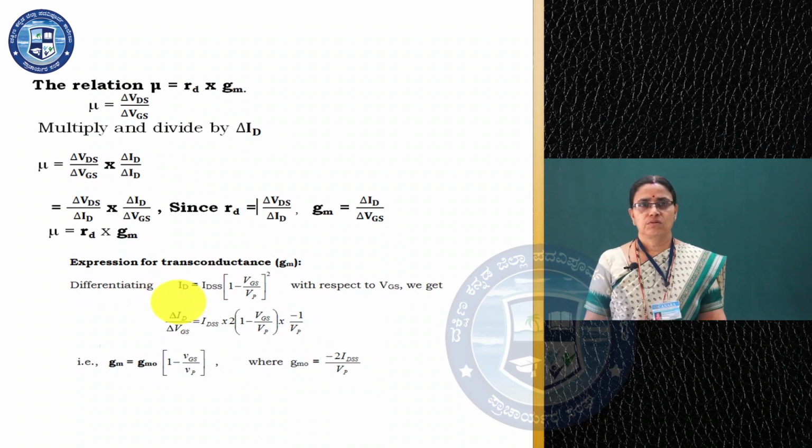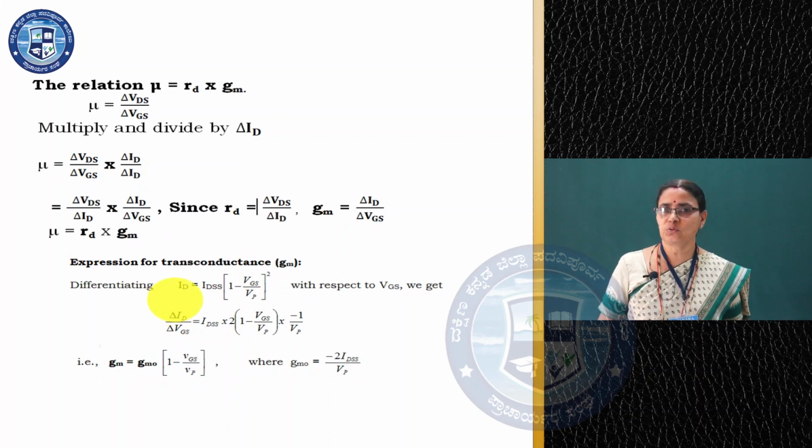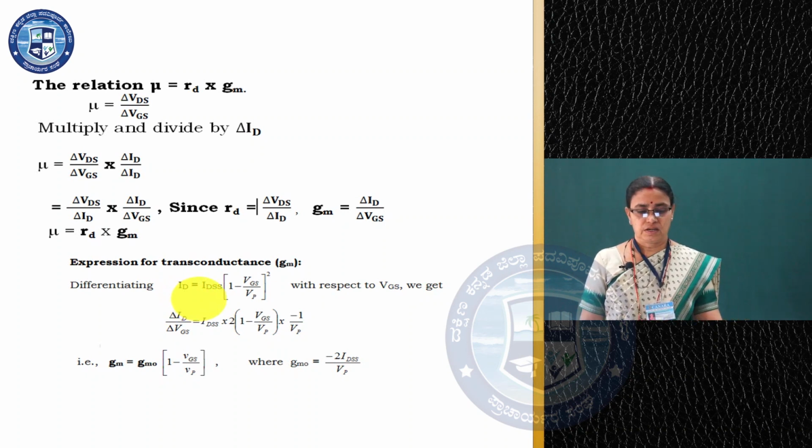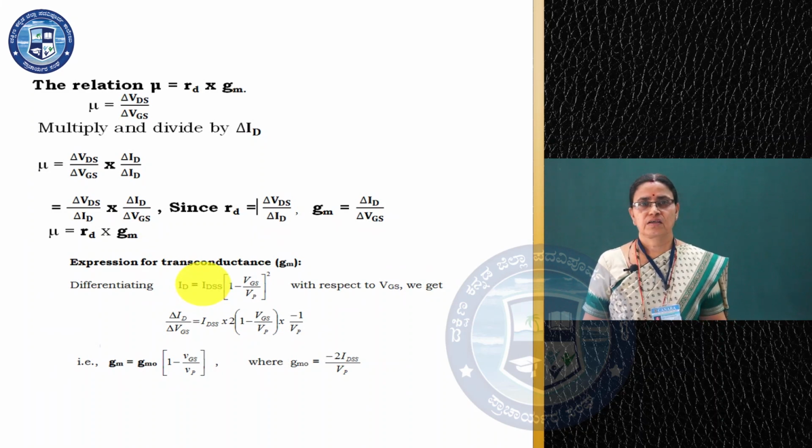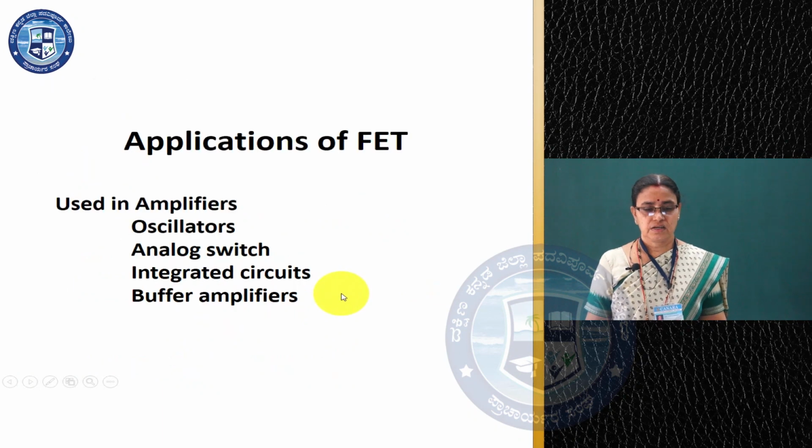Now delta ID by delta VGS is nothing but the transconductance, GM, and minus 2 IDSS by VP is nothing but GMO, and we can substitute it here. You will get GM is equal to GMO into (1 minus VGS by VP), already given here.